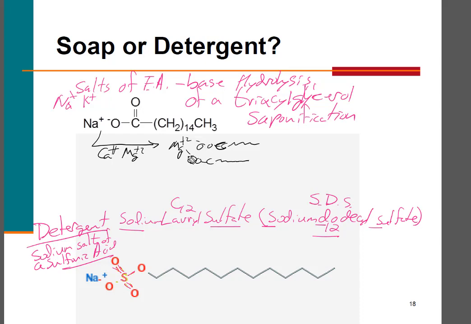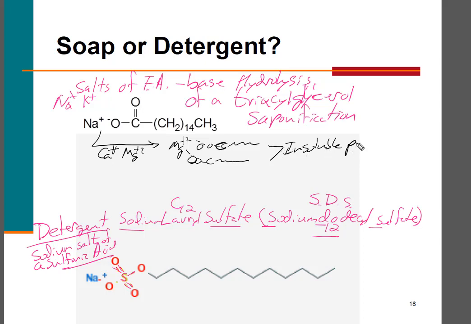So 2 negative charges balance the plus 2 charge. This is insoluble. It does not dissolve in water, whereas soap clearly does. Your bar of soap keeps getting smaller and smaller because you're using it up. It mixes with the water, it lathers up, it dissolves.